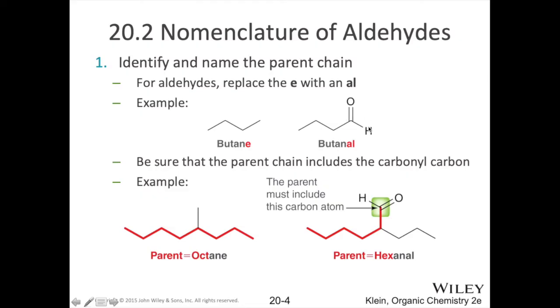A quick note here: you've probably noticed that in the case of an aldehyde, the carbonyl is terminal. This hydrogen can't really bond to anything else, so this carbonyl has to be at the end of the molecule. That's going to be very important when it comes to assigning locants. That carbonyl is automatically in the number 1 position.